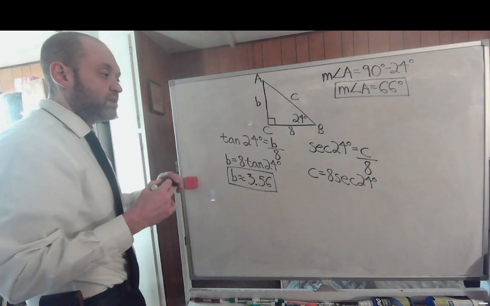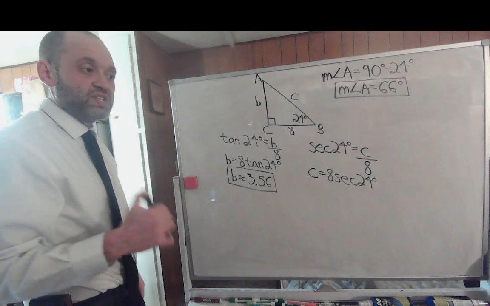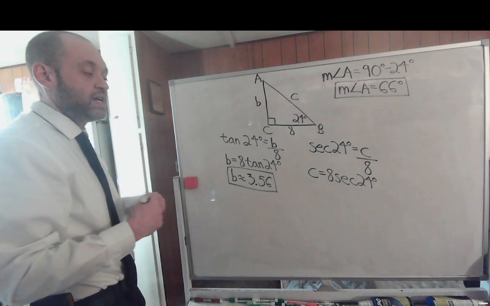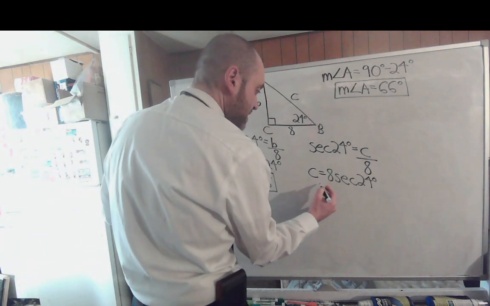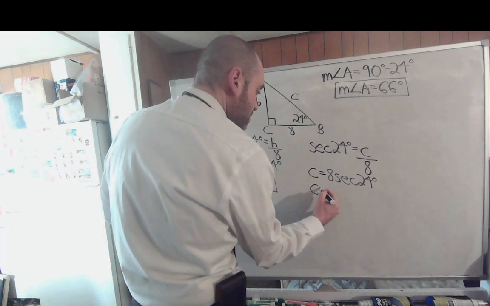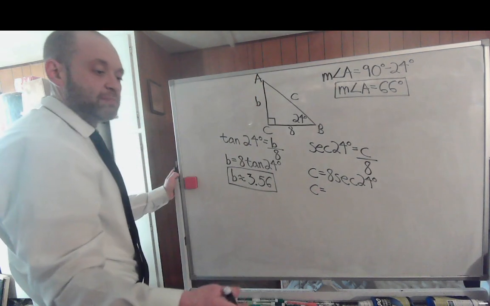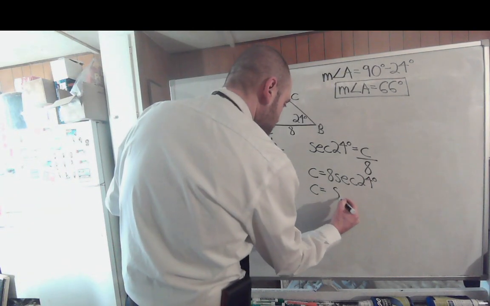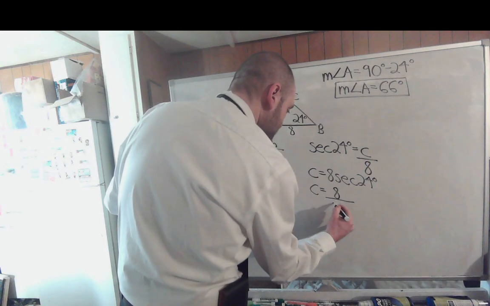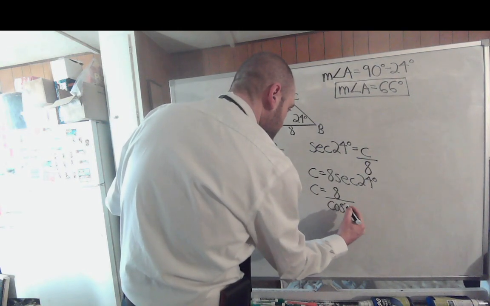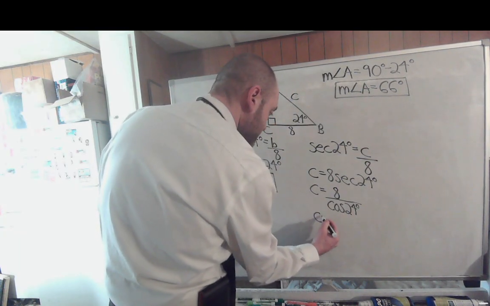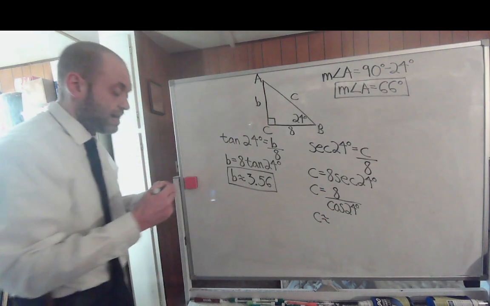However, most calculators only have sine, cosine, and tangent. They don't have secant, cosecant, and cotangent. So how can we rewrite this so we can calculate it? Well, isn't secant the same as 1 over cosine? It's the reciprocal of cosine, right? So this is the exact same thing as 8 divided by the cosine of 24 degrees, which now we can get a decimal approximation of the hypotenuse.